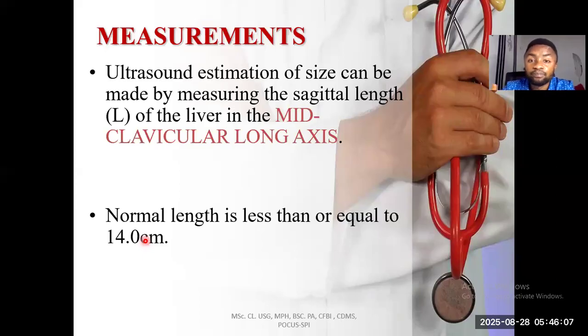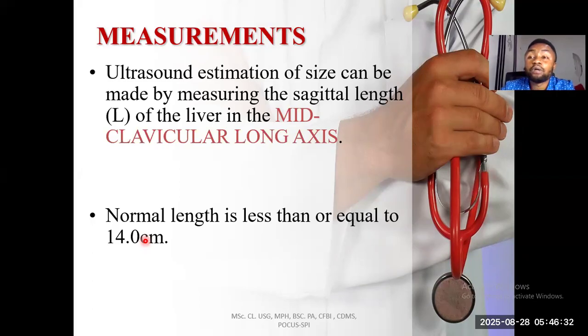If you are short, and your liver is measuring 15.5, definitely your liver is enlarged. Because once you are not fat, you are not too tall, your liver should be 14 or less. Do you understand?